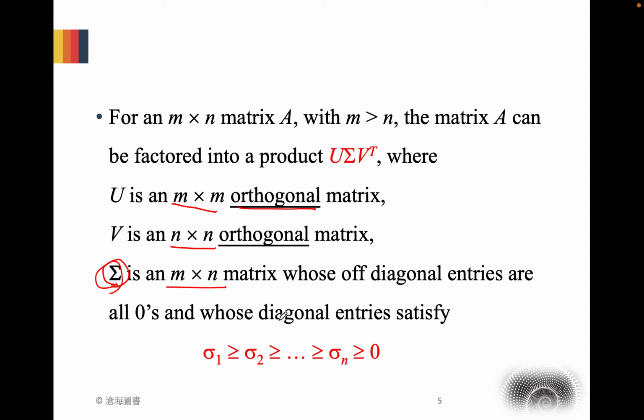We assume the diagonal entries satisfy sigma 1 larger or equal to sigma 2 larger or equal to sigma 3 and so on, and they are all larger or equal to 0. So the matrix sigma would be like sigma 1, sigma 2 to sigma n.